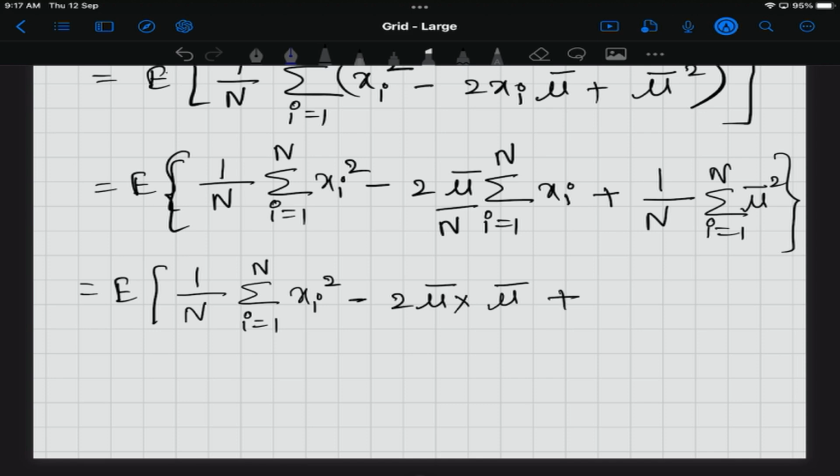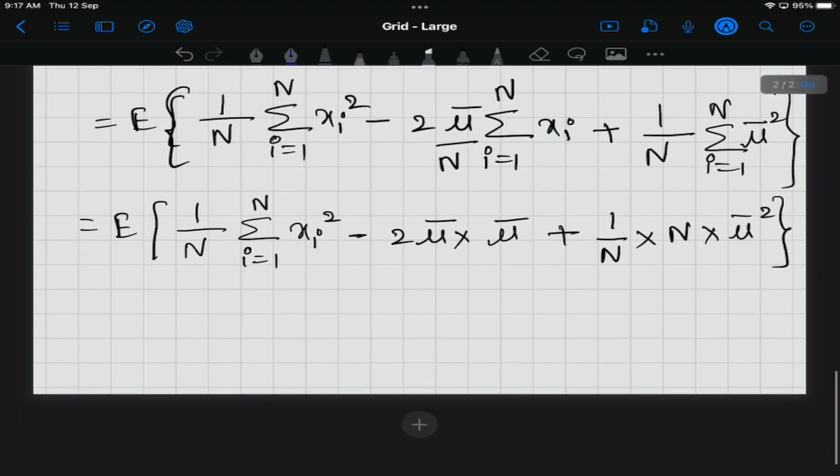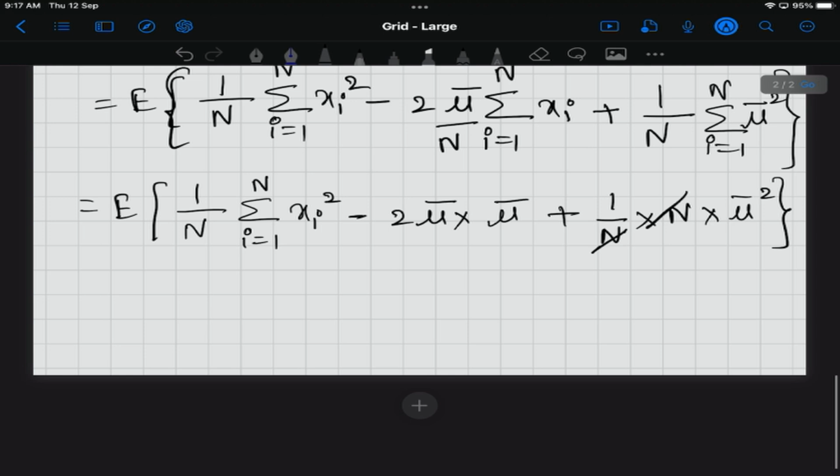Here also this summation is independent of mu square. I can just write into n minus, and this I can cancel.